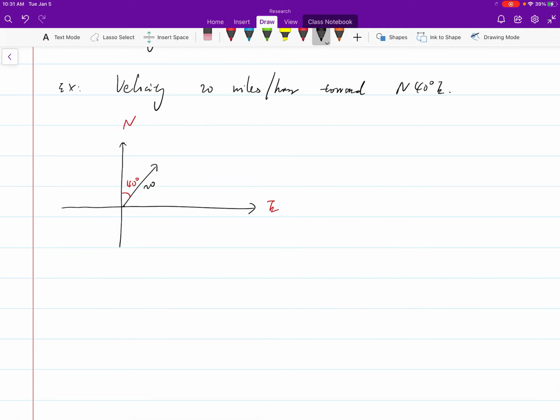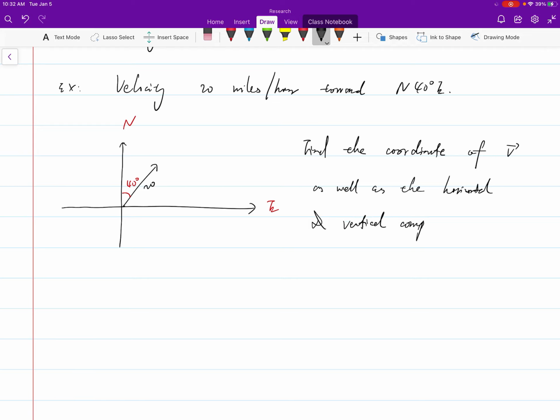Okay, now the question is, find the coordinate of v as well as the horizontal and the vertical components.